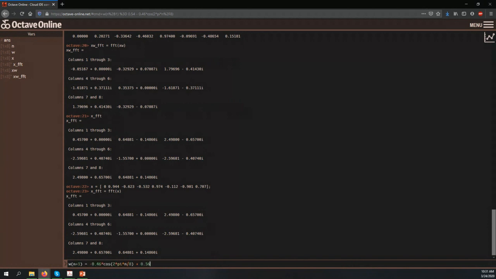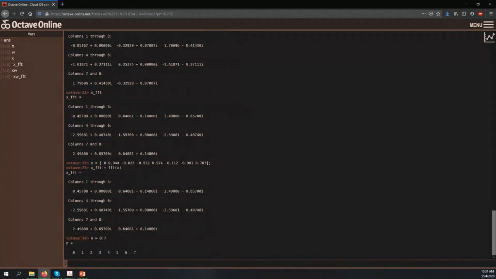The next step was to set up the range for n for using the window function. Once we had that, we set up the window function accordingly.